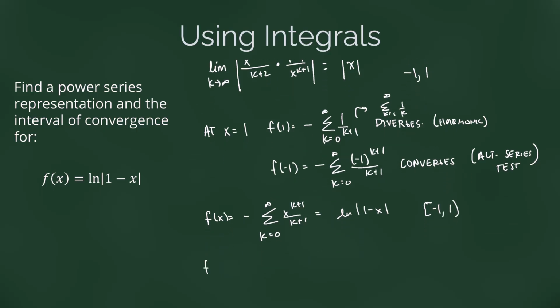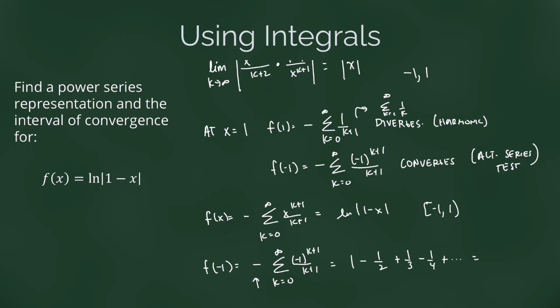This tells us then that f of -1 in particular is the negative sum from k equals 0 to infinity of, nope, not x, -1 to the k plus 1 over k plus 1. In other words, that is going to be 1 minus 1/2, I'm accounting for this negative sign here in all of these, plus 1/3 minus 1/4, and so on and so forth.